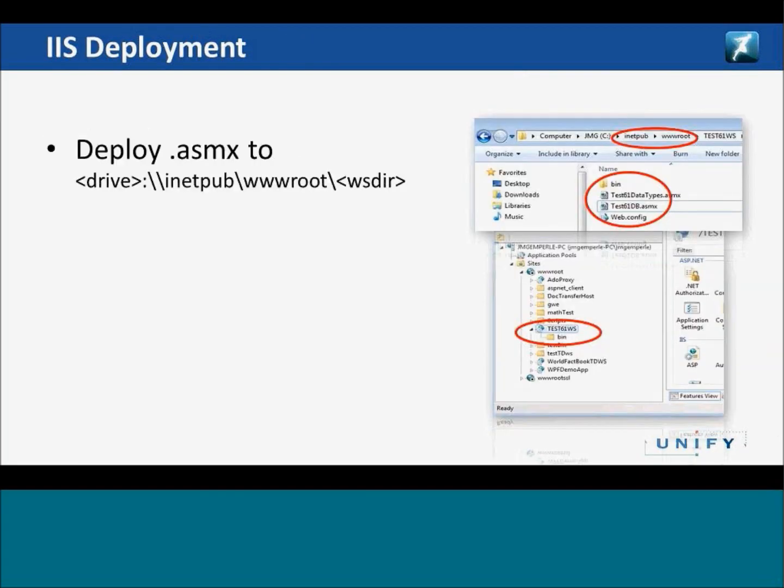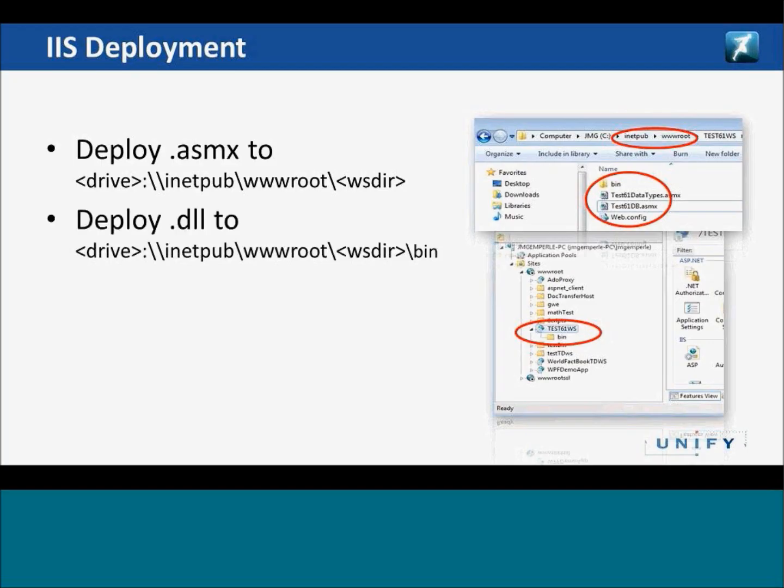IIS deployment. You need to deploy your .asmx file to a directory below the inetpub. So inside the directory structure of Internet Information Server, you create basically a new directory there below wwwroot. And there you put the .asmx file that you created, or that has been created when you compiled the web service app.